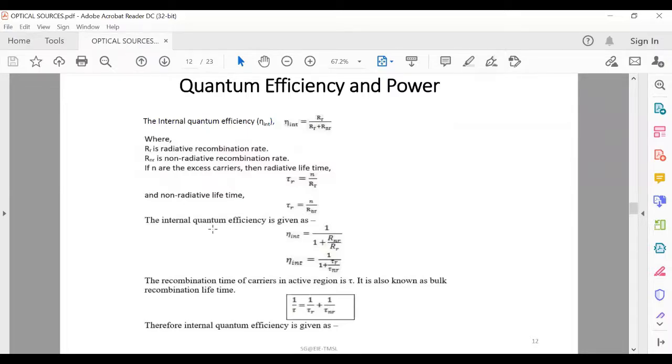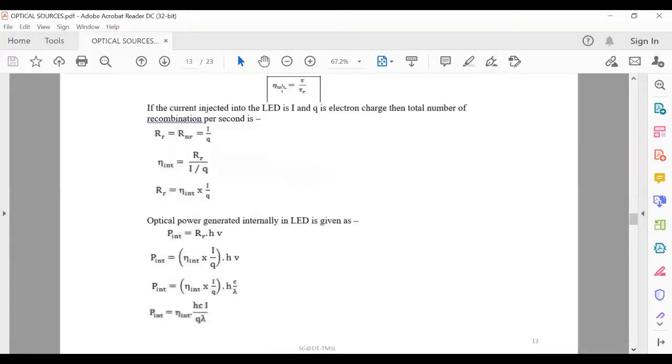The internal quantum efficiency can be calculated from this equation. The recombination time of carriers in the active region, if considered as tau, is known as the bulk recombination lifetime and can be given using this equation. From this, the internal quantum efficiency can be calculated: eta int equals tau by tau r.